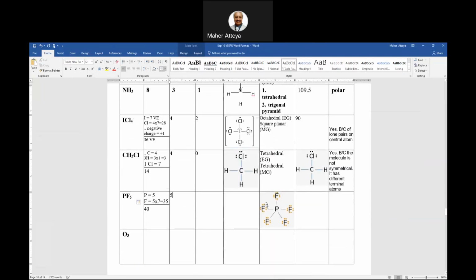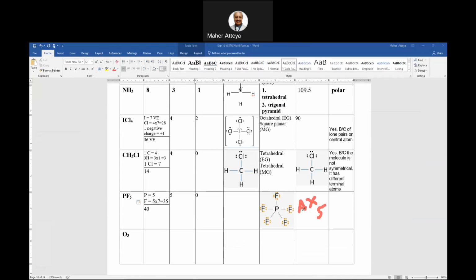No, we don't have any lone pair. Do you see any lone pair on the phosphorus? No, that's a 0. So this is A, the central atom, and X is 5. AX5.